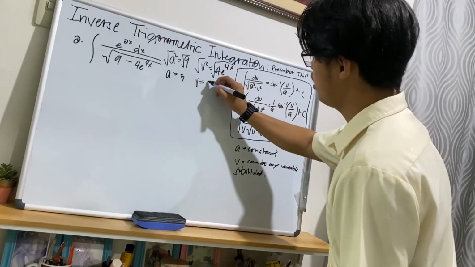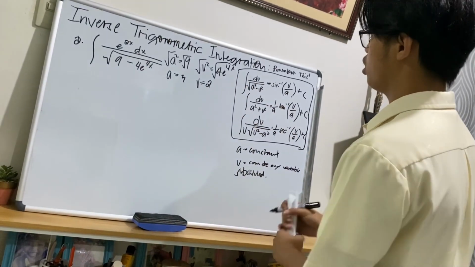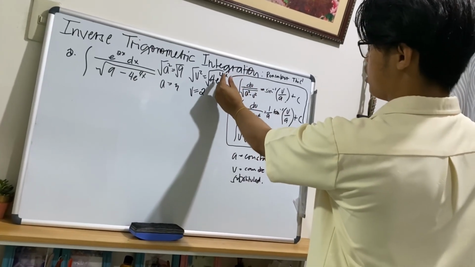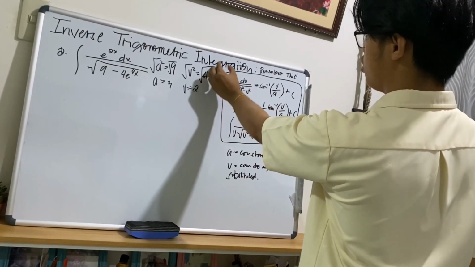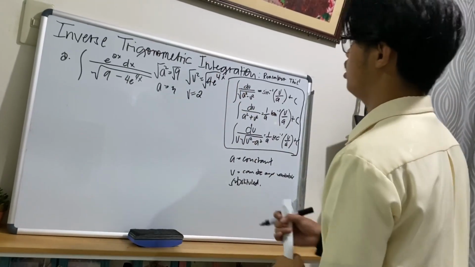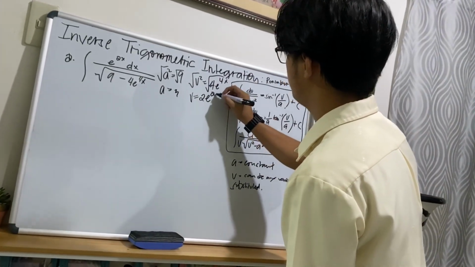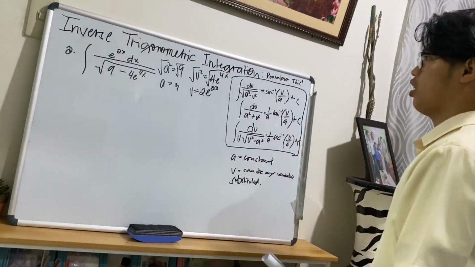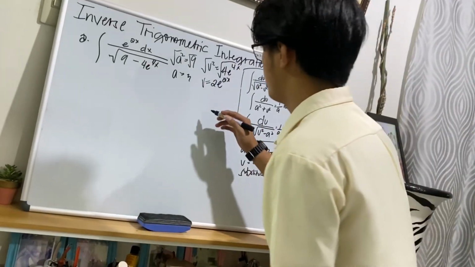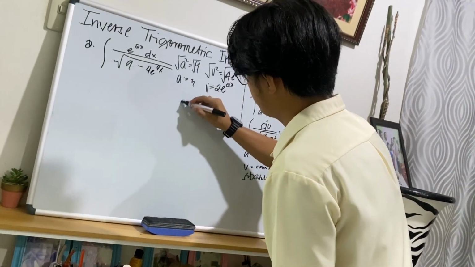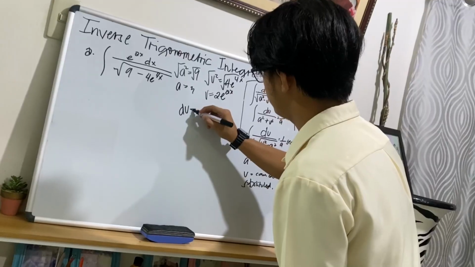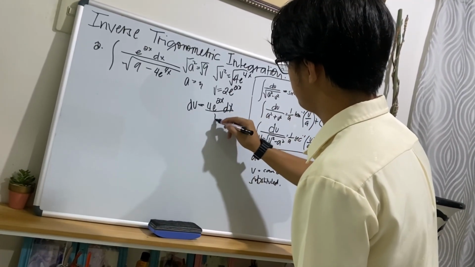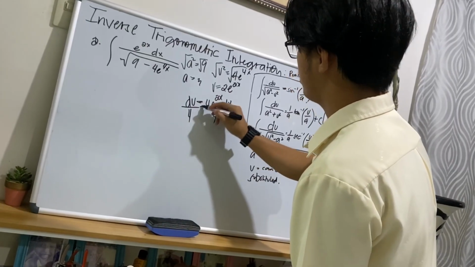The square root of 4 is 2, and the square root of e raised to 4x, we put the 2 outside, we can cancel the square root, so we will have e to the 2x. So now that we have our variables, let's first derive this. We will have 4e to the 2x dx, and put the 4 out, cancel.